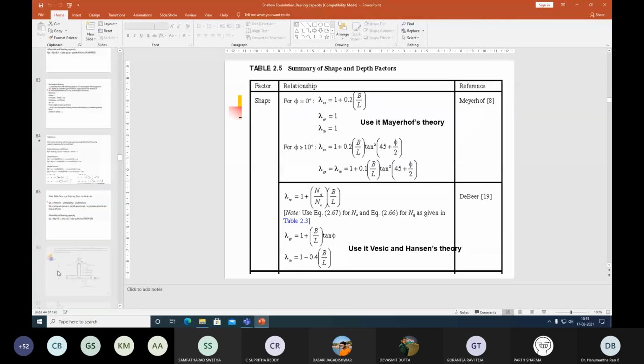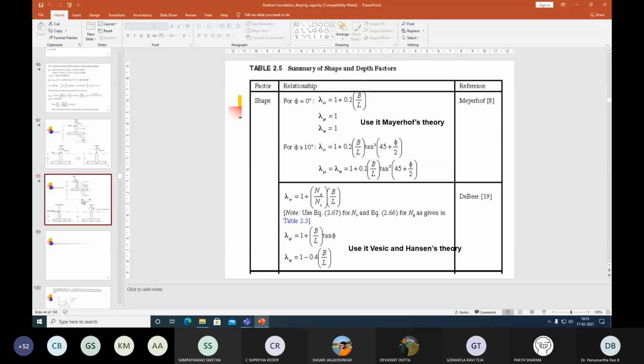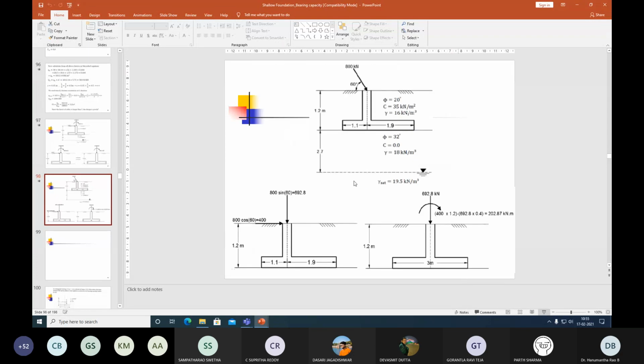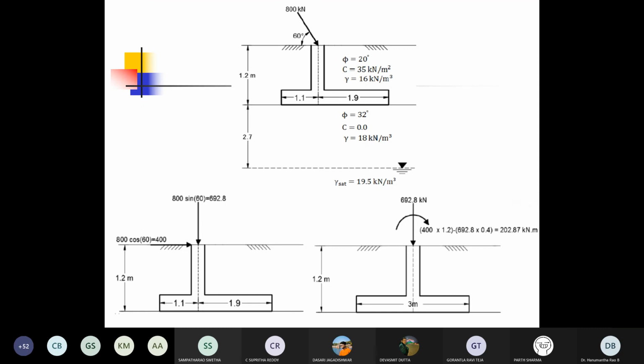So this is the last sum in the tutorial. So this is the solution. First you resolve the inclined force into vertical component and horizontal component, and the horizontal component multiplied with the depth of footing will become one of the components of the eccentricity.